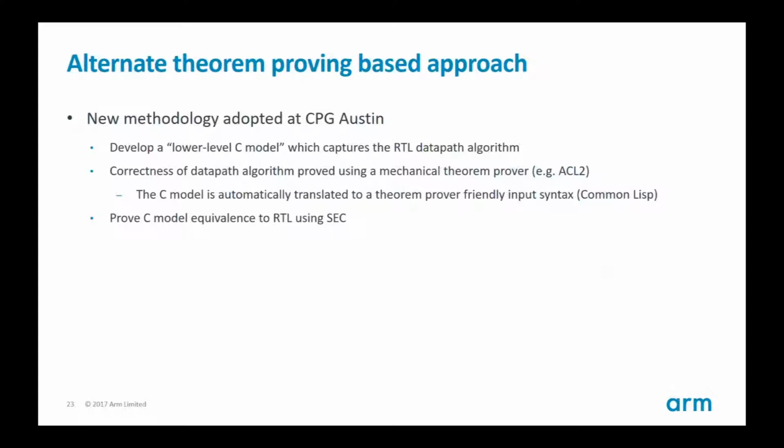Then he would pour the C model into the theorem prover, and mechanically prove that the algorithm for divide or multiply or FMA is correct. And once he did that, he would then prove that the C model is equivalent to your RTL using a sequential equivalence checker. So a very different kind of approach, but a much more scalable approach in terms of the design sizes and complexity.